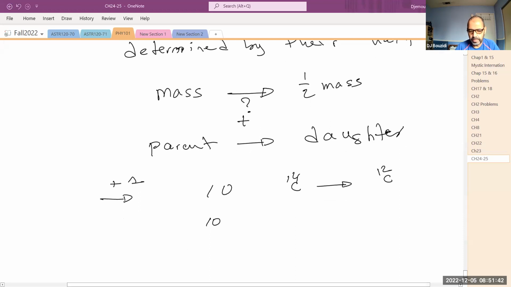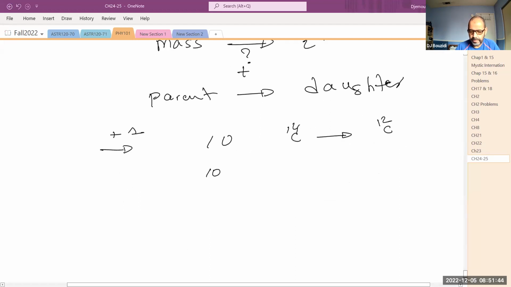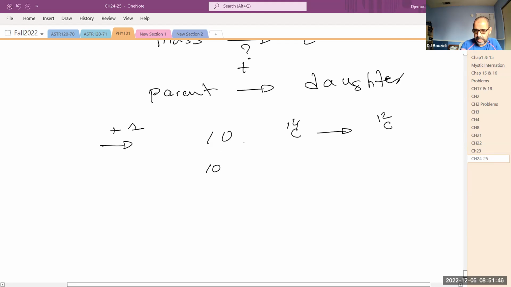Now comes a plant and takes carbon-14. That's what plants do. They take CO2, and it doesn't matter which carbon it has in here. Carbon dioxide can use carbon-12 or carbon-14. It's the same chemical element, which combines with oxygen to form carbon dioxide. This is the same chemistry, okay?